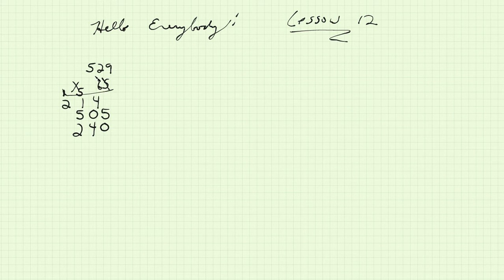Then finally 6 times 5, or in this case 6 tens times 5 hundreds, it's going to be 30 hundreds. Or, what is that? That's 35,000, right?